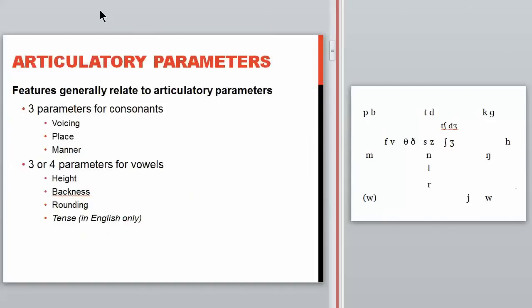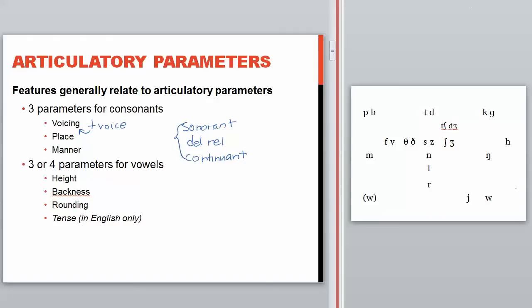Now, you may notice that some of the features I mentioned in the previous rule sound exactly like articulatory parameters. Namely, plus voice correlates exactly to voicing. However, I also mentioned sonorant, delayed release, and continuant, which are perhaps more obscure.